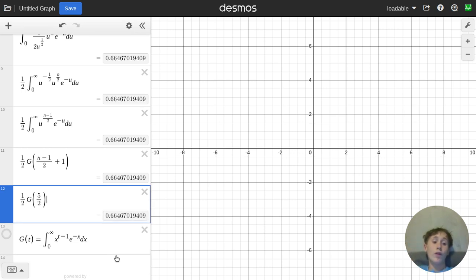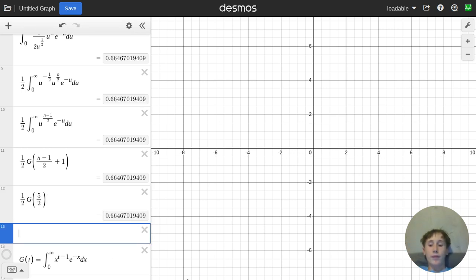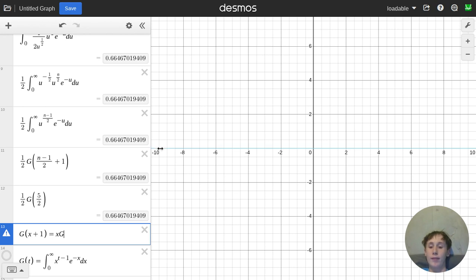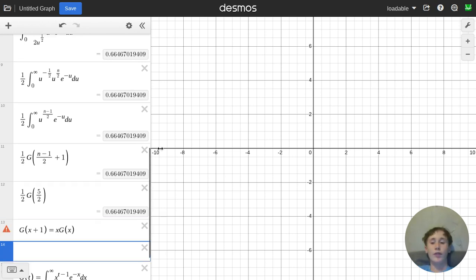So, how do we solve this? Well, in the gamma function, we're essentially saying gamma of x plus 1 is the same as x times gamma of x, right? Because as a factorial goes. Let's just look at the definition of a factorial.